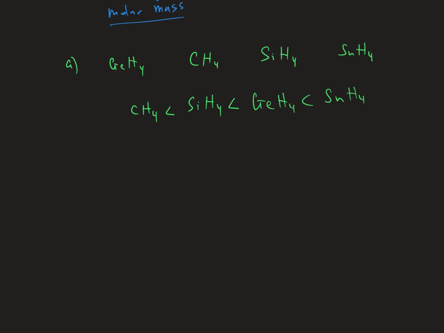The weaker one or the stronger one? The weaker is going to have a lower melting point. It's going to take less energy to break those apart. Does that make sense?